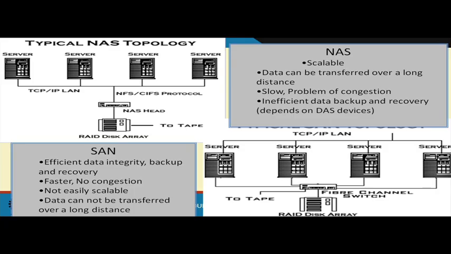In case of SAN, you have efficient data integrity, backup and recovery, and it is faster, with no congestion because it is a specialized network. It is costly and not easily available, and data cannot be transferred over a long distance. Here the maximum limit is 10 kilometers.